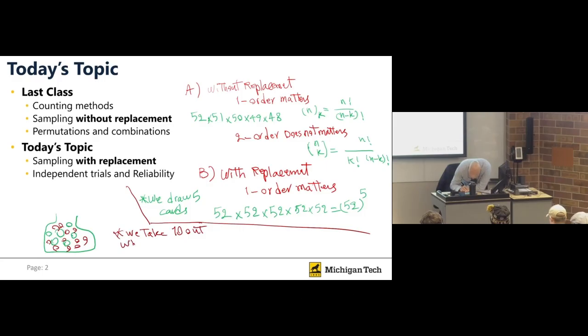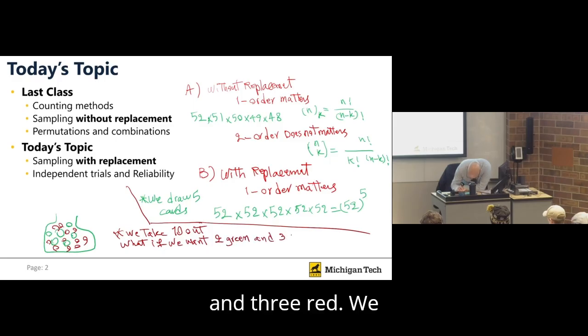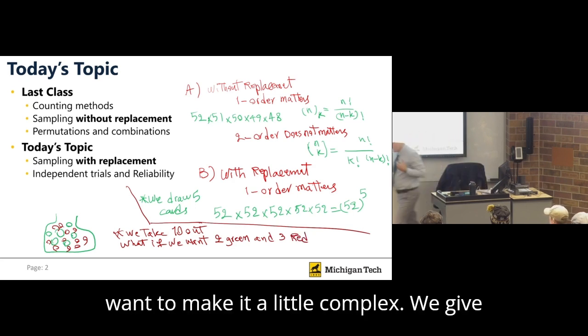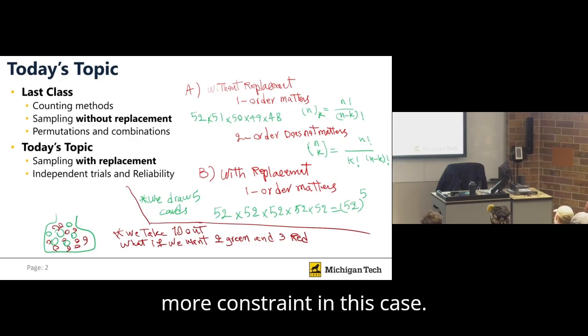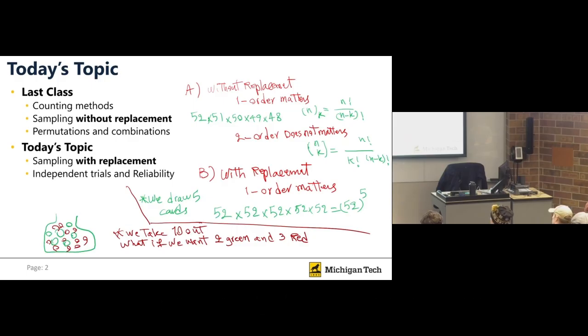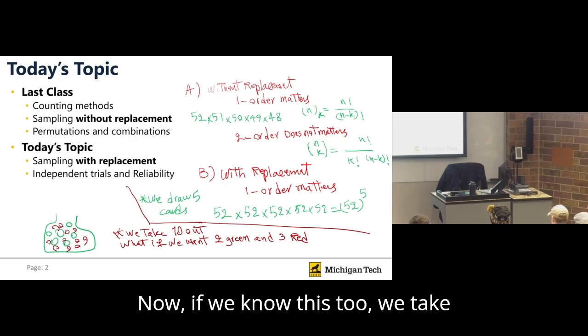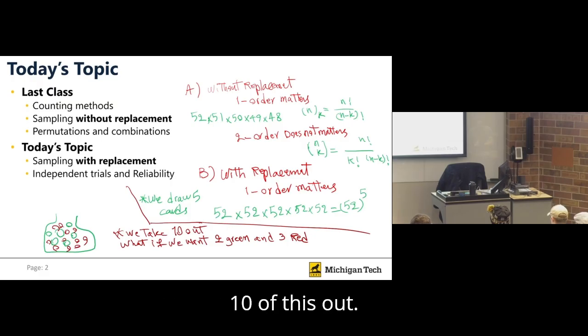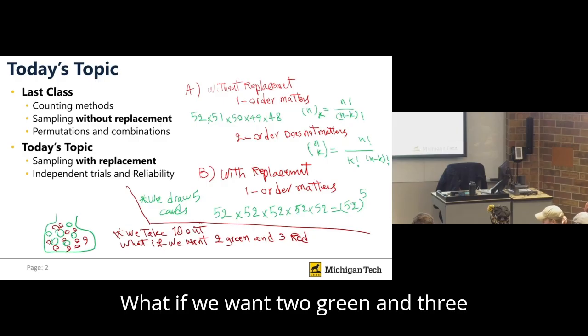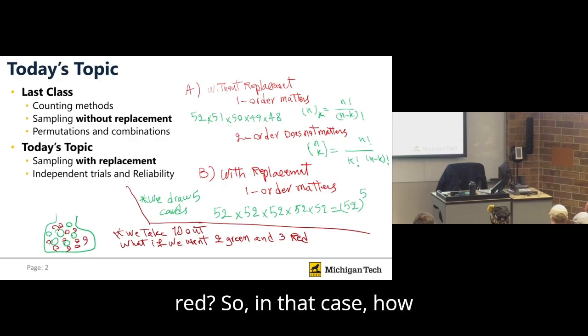What about counting the number of outcomes? We take 10 out, and we know that. What if we want 2 green and 3 red? We're going to make it a little more complex by giving more constraints. Now, if we take 10 out, what if we want 2 green and 3 red?